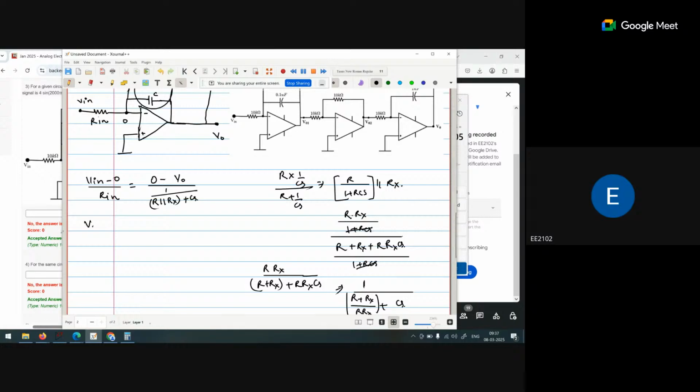So V out is what? Minus V in by R in, 1 upon R parallel with RX plus CS.